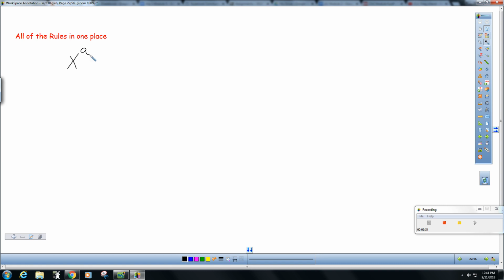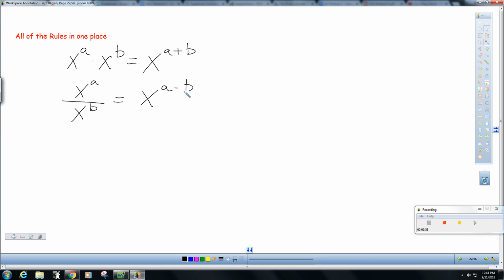Rule 1: x to the a times x to the b equals x to the a plus b. When we multiply two things with the same base, we can add the exponents. Rule 2: x to the a over x to the b is x to the a minus b.